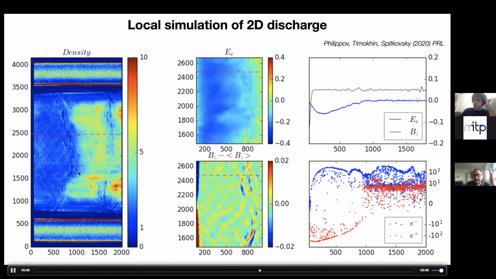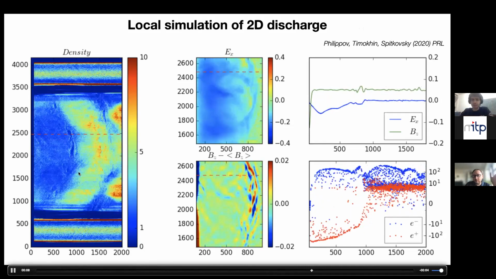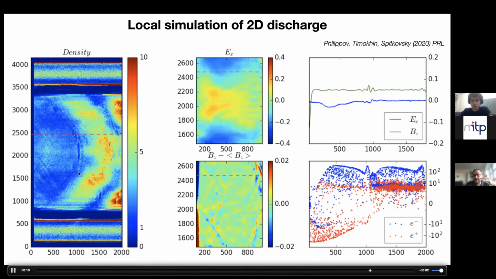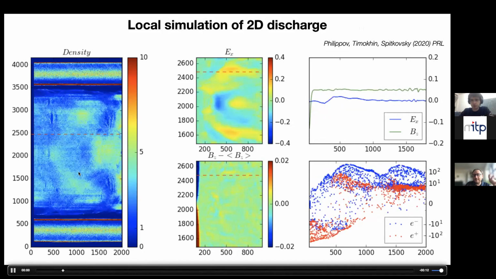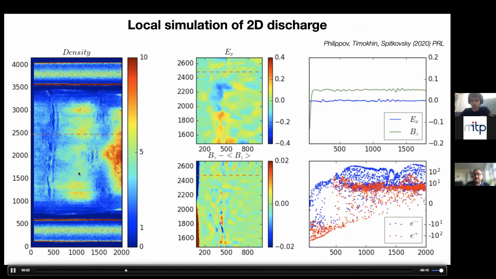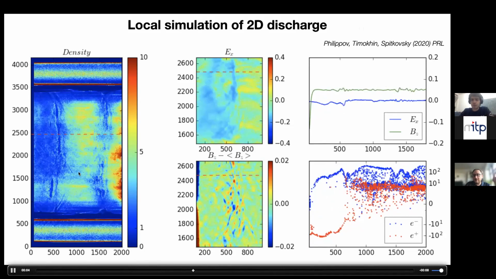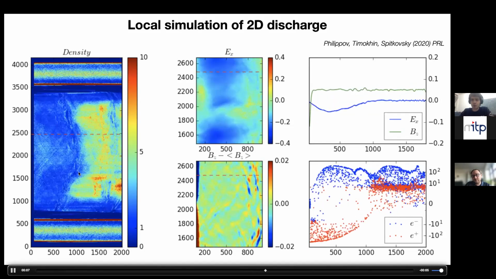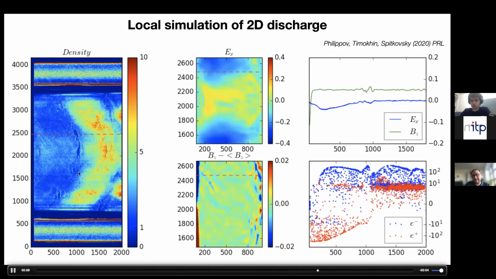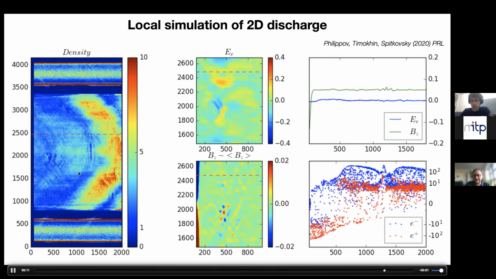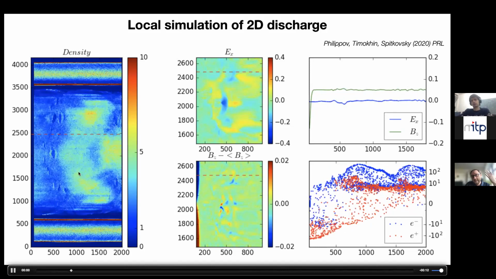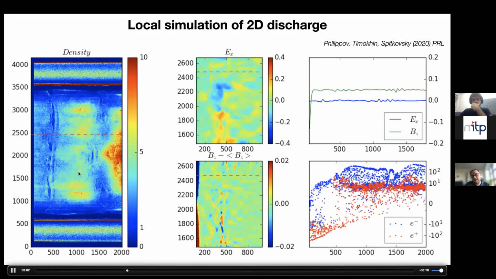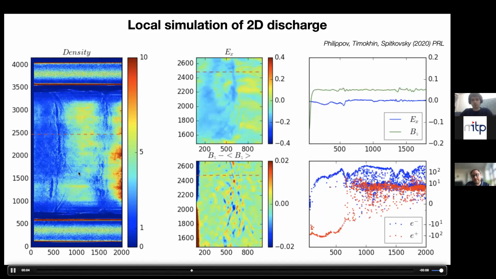So I already sort of alluded to why this happens in the beginning, because once you start producing pairs, these pairs start to screen the electric field. And once the electric field is screened, the new particles that are pulled out from the neutron star surface can no longer accelerate because there is no electric field that could accelerate them. So once this electric field is screened, you can no longer have any more pair production episodes.